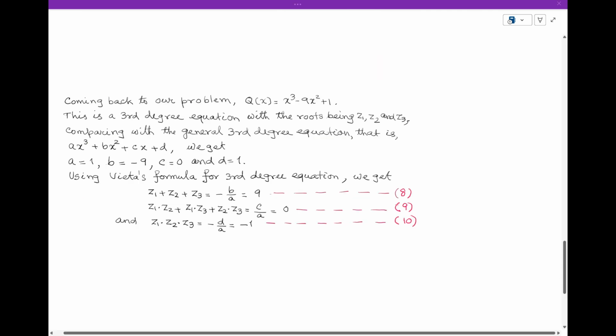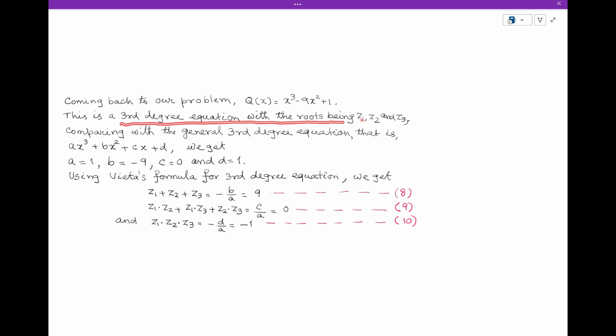Coming back to our problem, Q(x) is equal to x cubed minus 9x squared plus 1. This is a third degree equation with the roots being g1, g2 and g3. Comparing with the general third degree equation, that is ax cubed plus bx squared plus cx plus d, we get a is equal to 1, b is equal to minus 9 and c is equal to 0, and d is also equal to 1.